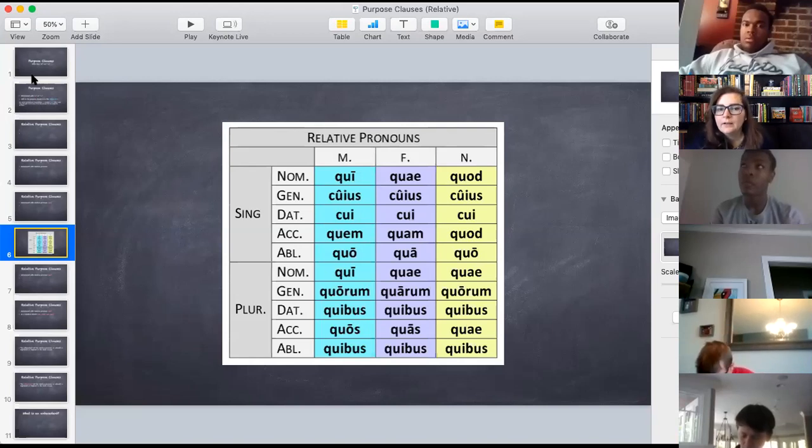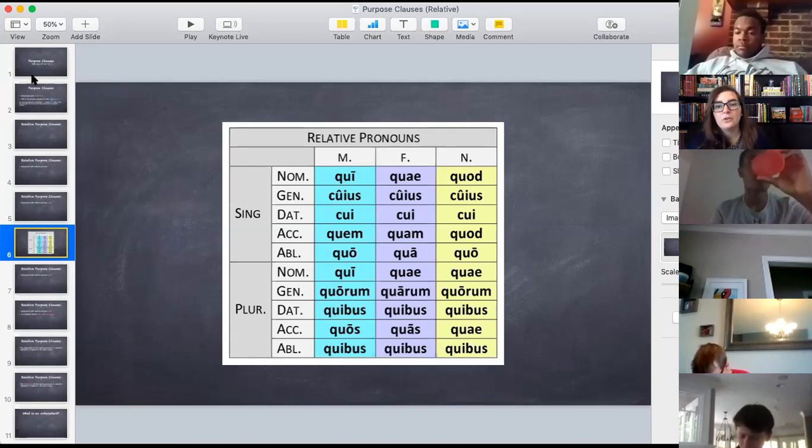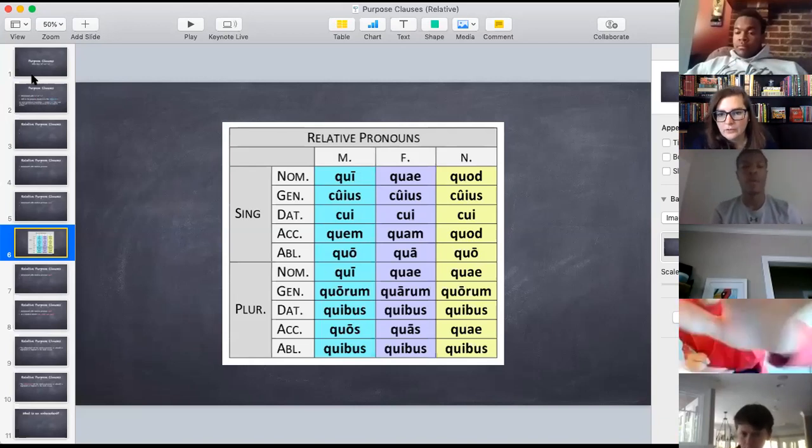All right, any questions about how to use these charts? All right, so you'll have access to this PowerPoint for your uses. So this chart will be easily accessible to you. This chart is also in the back of your book, in the land of the charts.